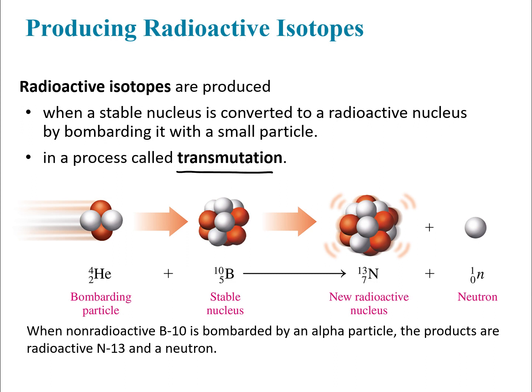It's non-radioactive boron, and you bombard it with an alpha particle. Then you form a new radioactive nucleus, which is now nitrogen, and you also release a proton. So this process is called transmutation.